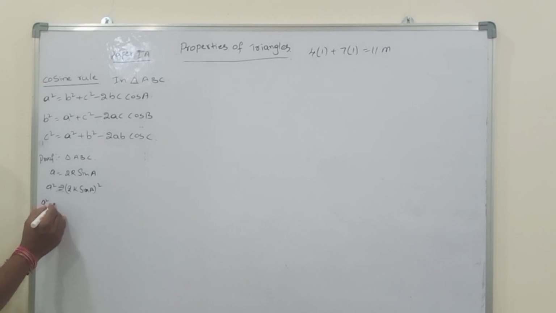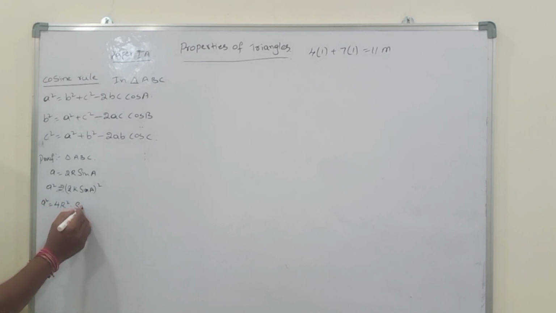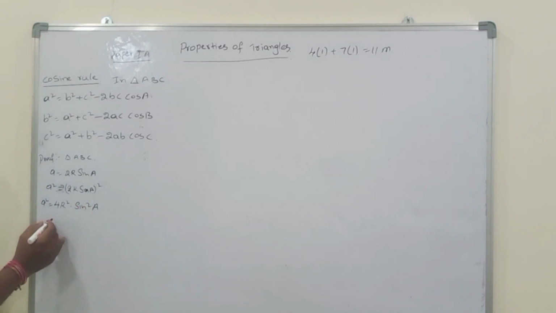So a square is equal to 4R square into sin square A.